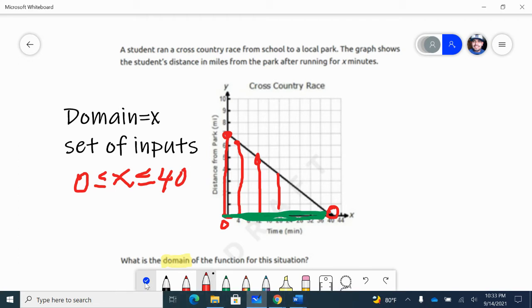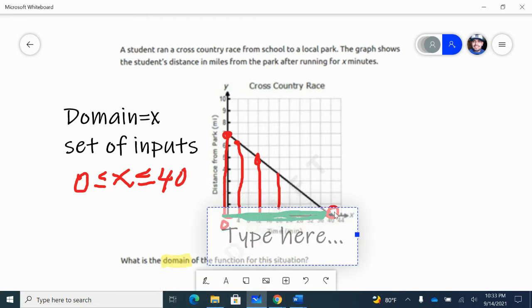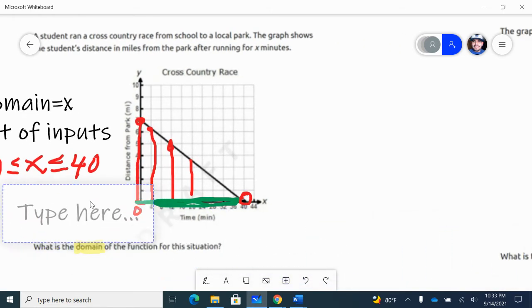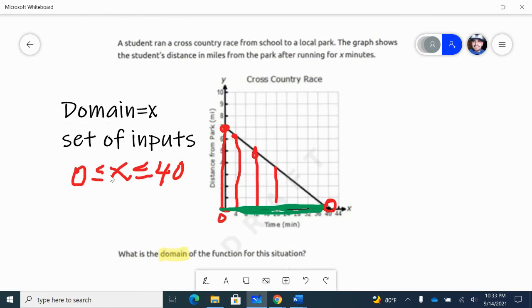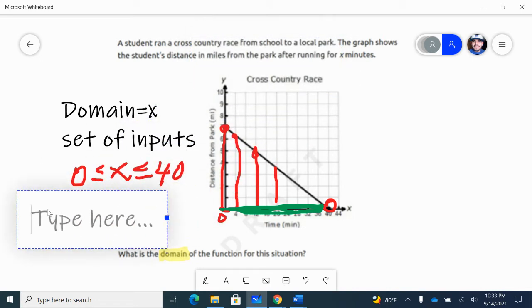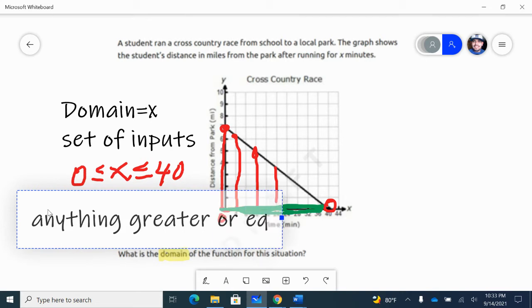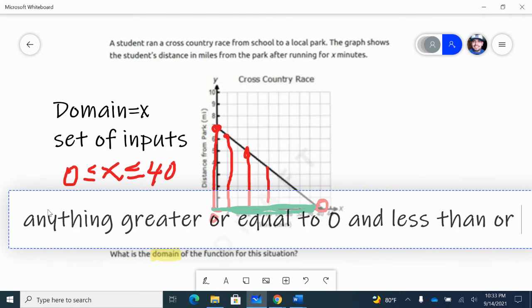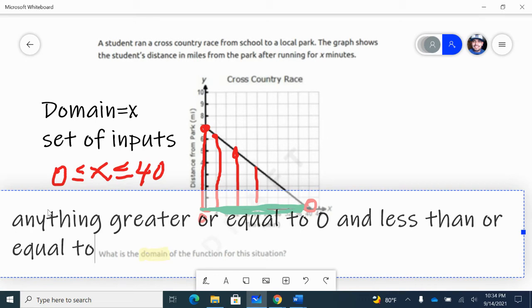Or, I believe how they had it on the test was, x is greater than or equal to 0 and less than or equal to 40.